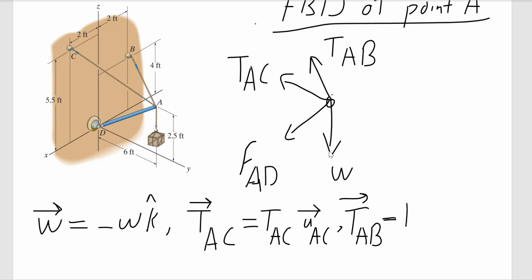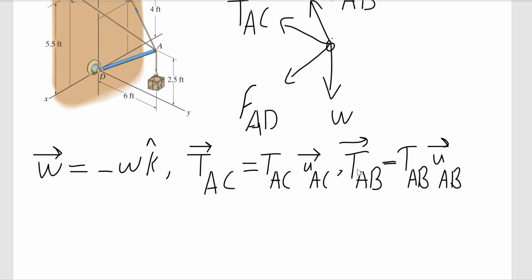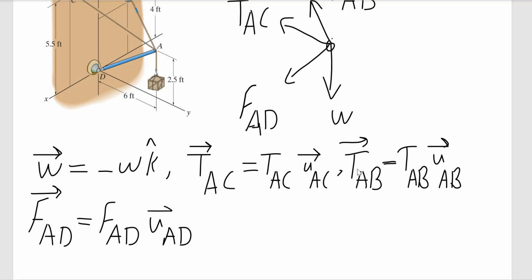Similarly the vector TAB would be the magnitude of TAB times UAB, the unit vector. And same thing for FAD. FAD would be the magnitude of FAD. I don't have the magnitude, but I can find the unit vector UAD.